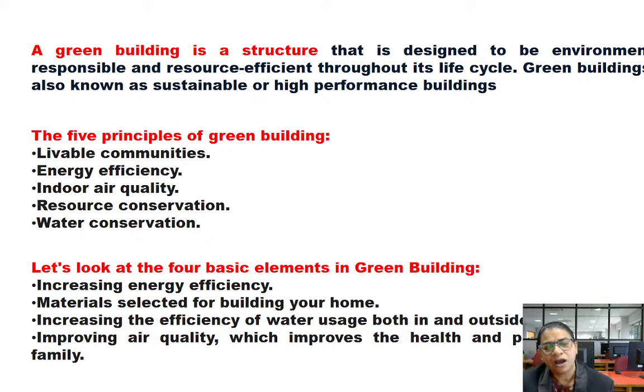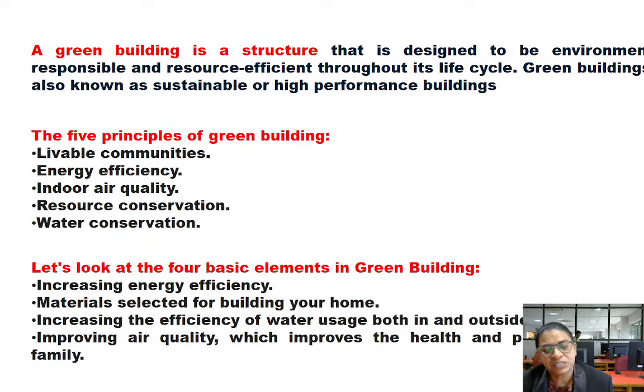Now, after knowing the 5 principles, let's look at the 4 basic elements in green building that we are interested in. The first one is increasing energy efficiency. How energy efficiency can be increased in our structures, that we are going to see.